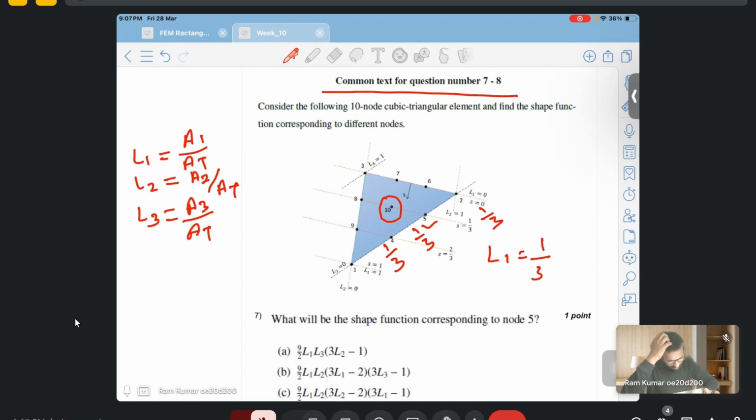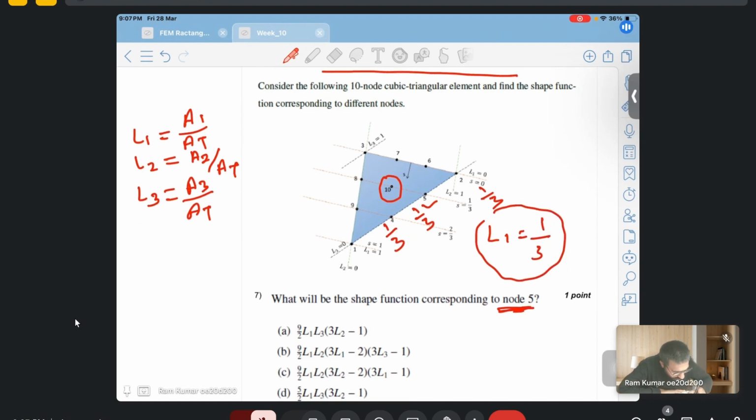So L1 I will get as 1 by 3 at node 5. Then what will be L2?